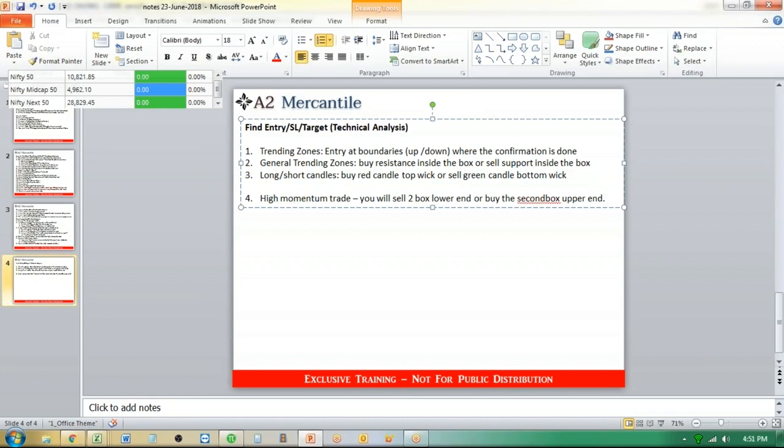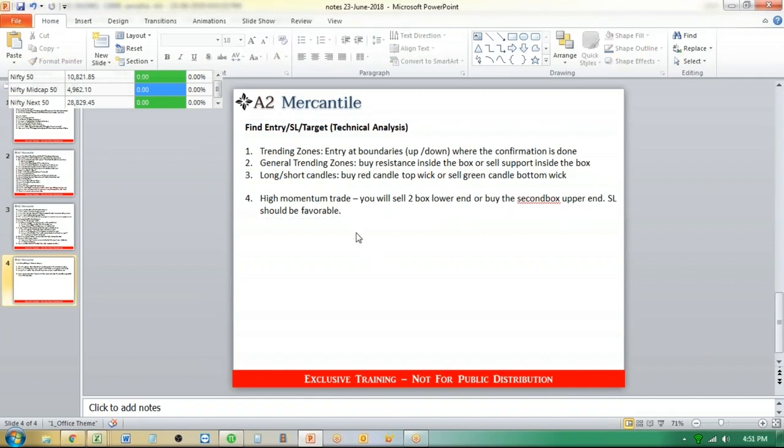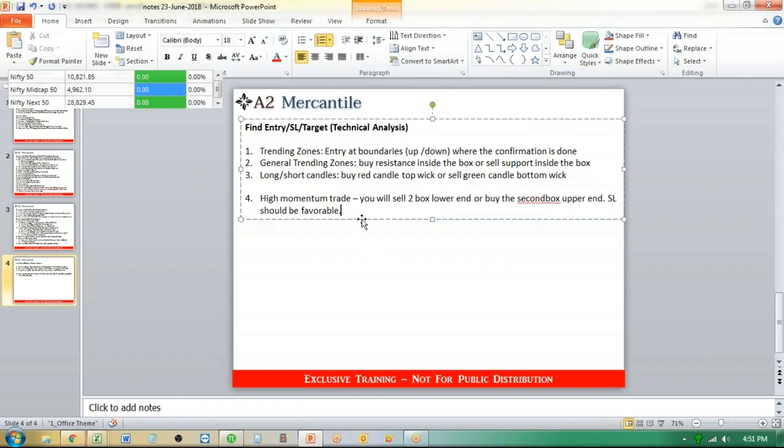Which means that the 0.5% stop loss that you are willing to take should be above the first box high. So that is the best trade.